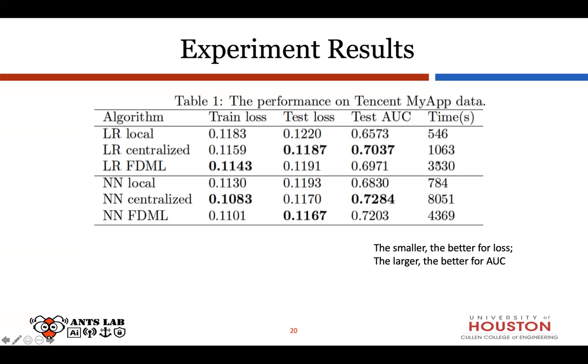But for the neural network model, the centralized scheme is slower than the FDML scheme, since in this scenario the computation overhead dominates, and the FDML scheme can distribute the computation overhead to 3 workers. So that's why the FDML scheme outperforms the centralized scheme in terms of time consumption.